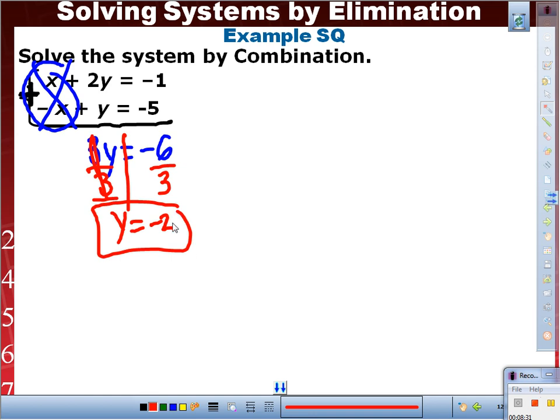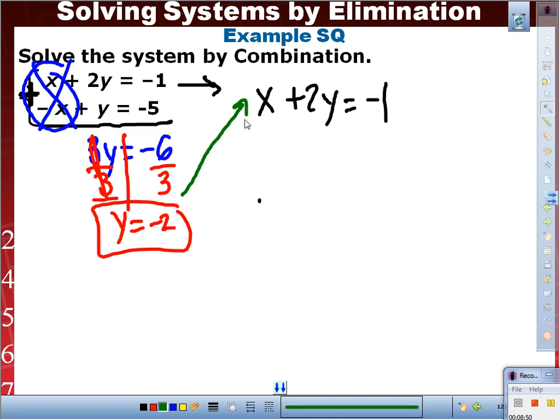Good. From there, does it matter which one I use? No. So I'm going to use the first one. Okay, the first one, x plus 2y equals negative 1. So I'm going from here to there.